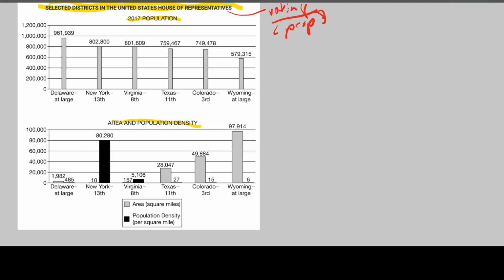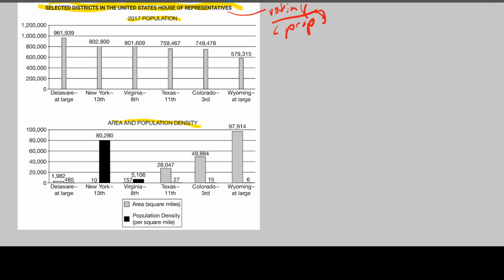So essentially, the more people you have, the more representatives you are allocated, and the fewer people you have, the fewer representatives are allocated. It's just to make sure that larger areas, where larger means higher, more highly populated areas, have more representation because they represent a larger piece of the United States pie, so to speak.